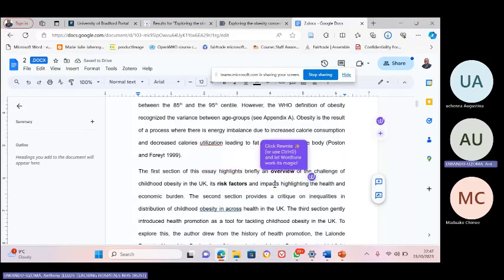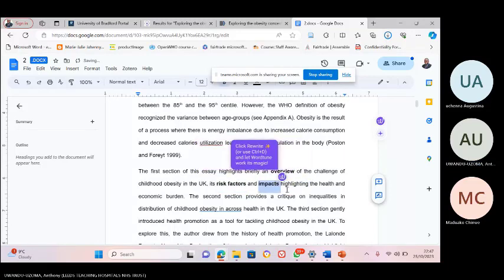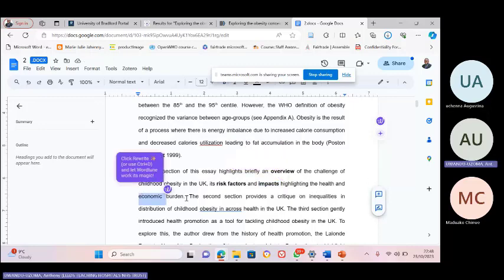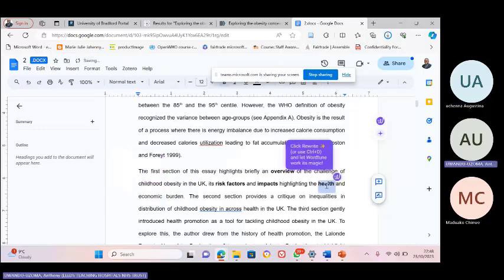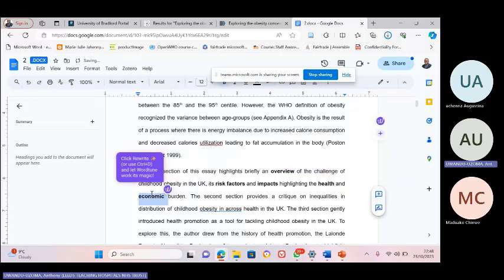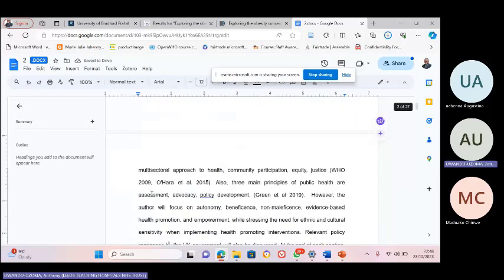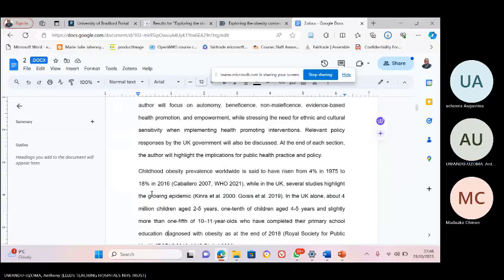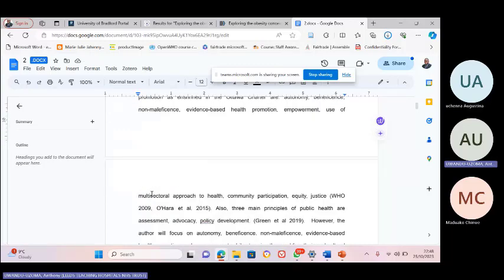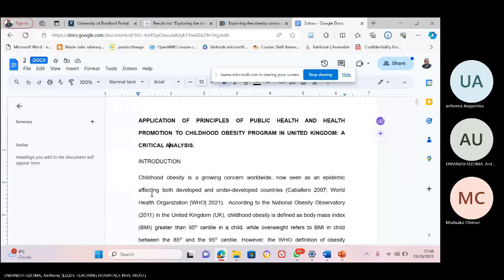And then what are the impacts? Simple. Impact on health and impact on economy. Very important. That means how much the government is spending. You need to find that out. So that's how to write the beginning part of the essay.